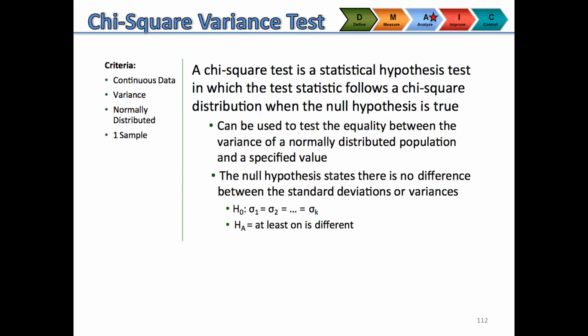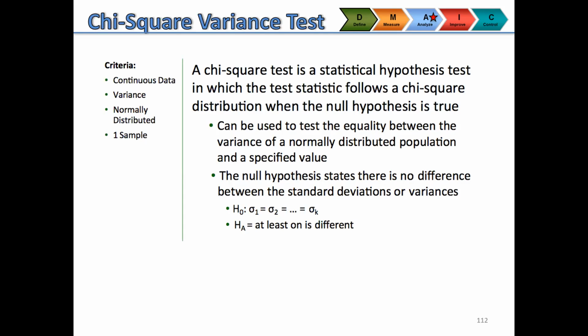Things like that. Again, the criteria is continuous data. We're looking at variance, so we're looking at difference between 2 populations, normally distributed in 1 sample. And it's a statistical hypothesis test where the test statistic follows a chi-square distribution. So it's not a bell-shaped curve, but it's fat one way or the other, right?